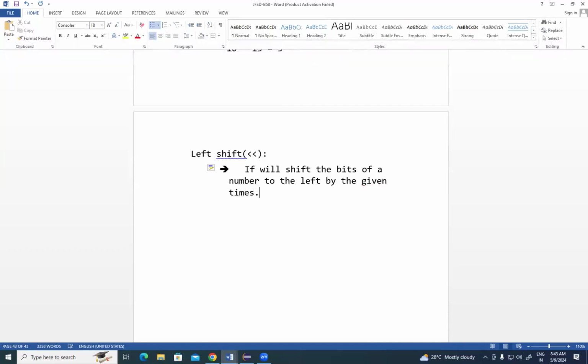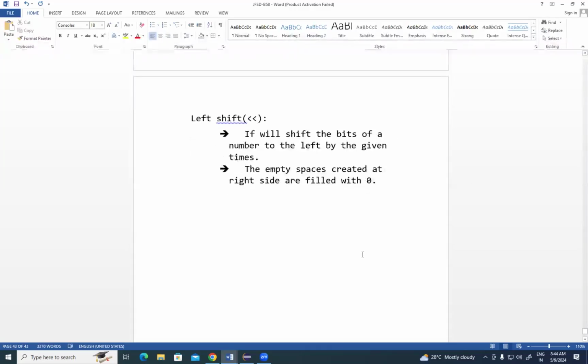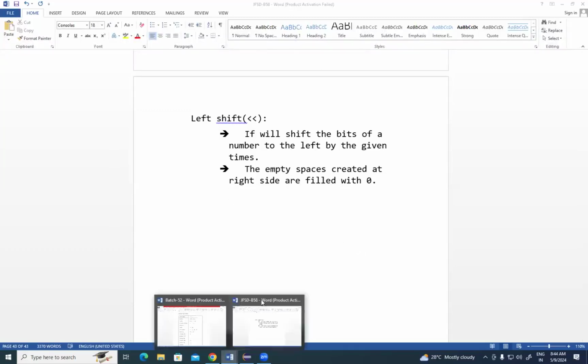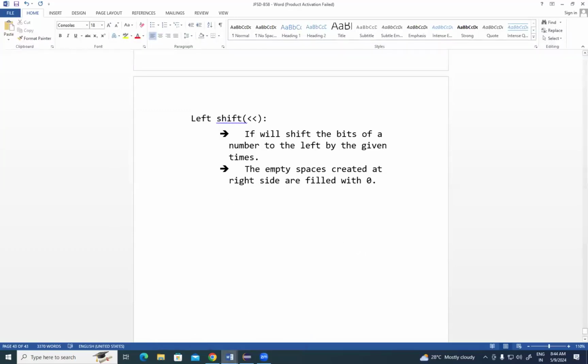The empty spaces created at the right side are filled with 0. Am I clear or not? Everybody online, are you getting how the left shift works? Okay, I will copy this diagram.